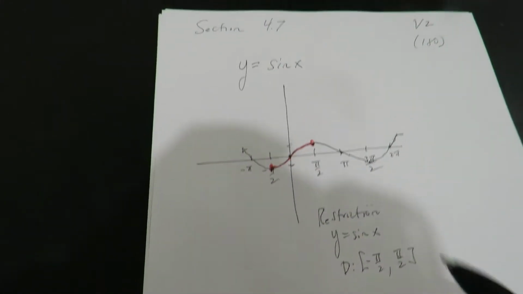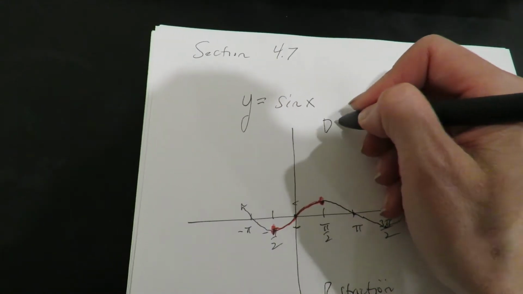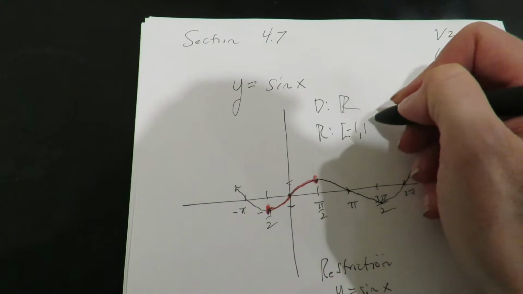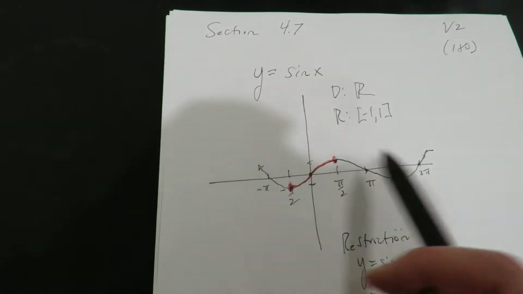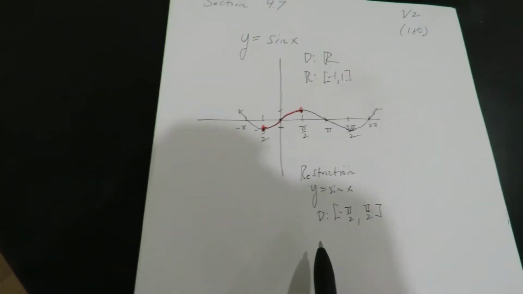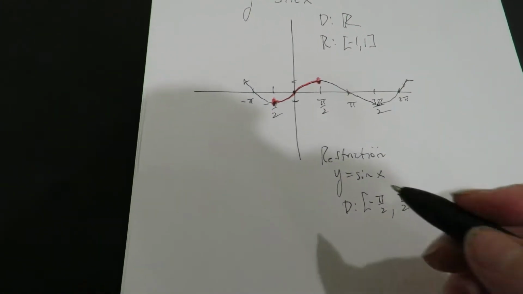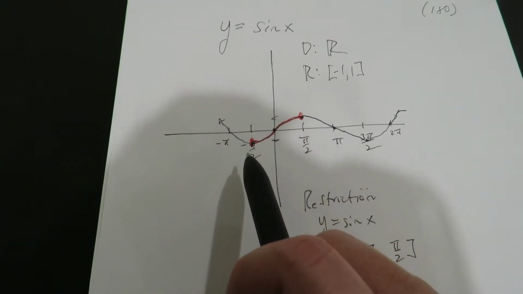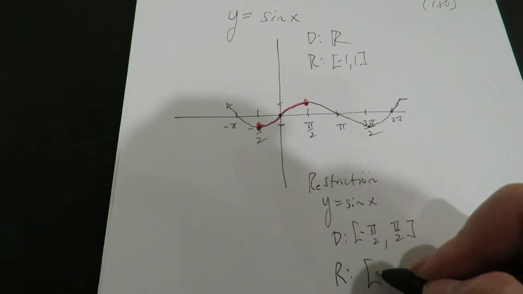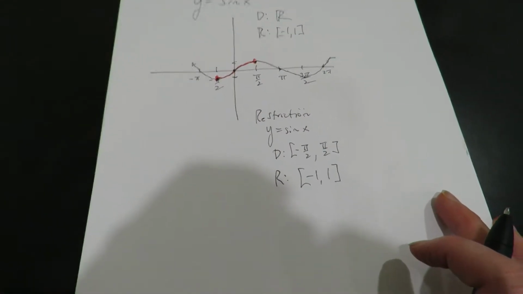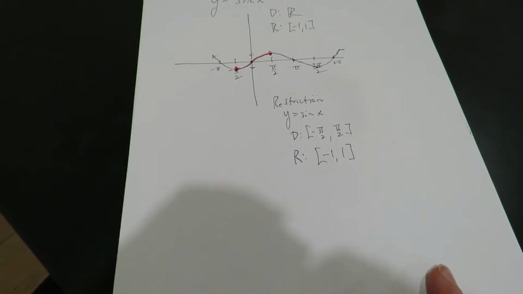I'm going to restrict the domain, because in the original function the domain is all real numbers, and the range goes from negative 1 to 1. In the original function, the domain is the whole number line, but with the restriction, we're going to stay in between negative pi over 2 and pi over 2. The range, you note, would still go from negative 1 to 1. That would actually still match. So that is the restriction of the function.